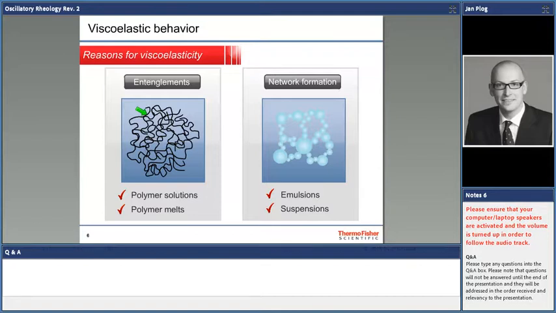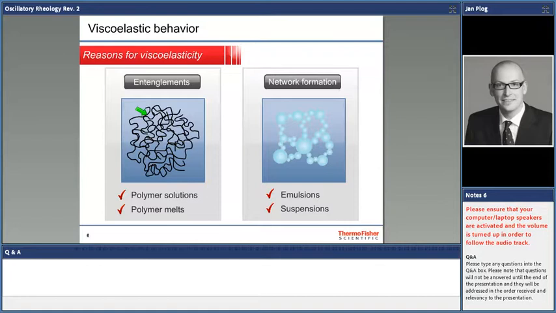Okay, the same will happen when an end customer is actually applying your product. When the system behaves too elastic, you will see strands that form when the customer takes his hand off his arm, for instance, after rubbing in the shower gel, and that gives the customer a sticky sensation. Okay, in that regard, you do not want elasticity.